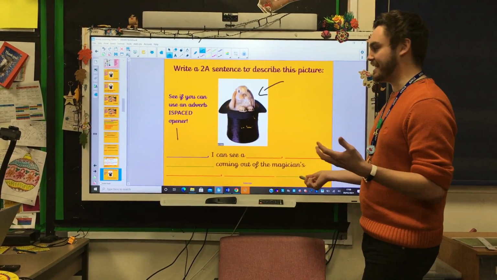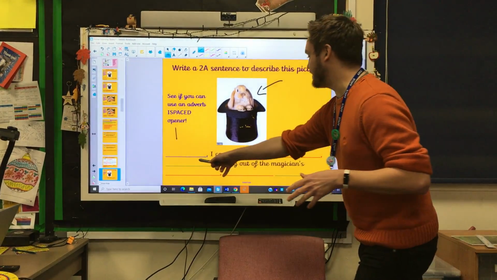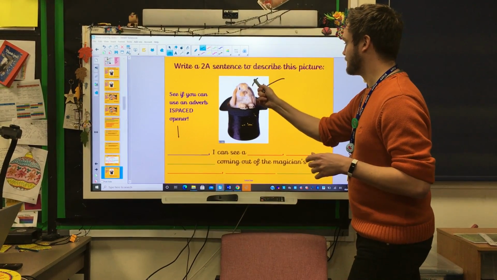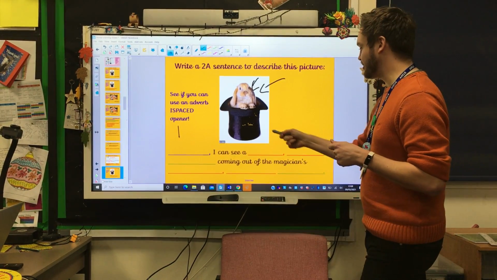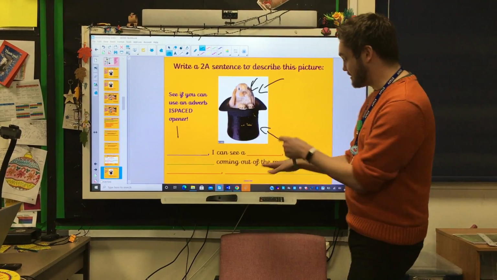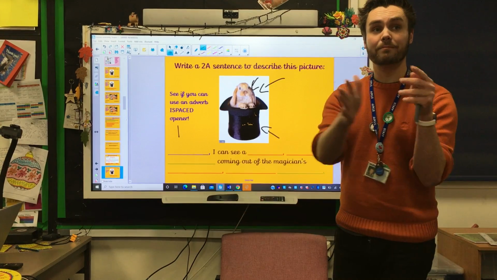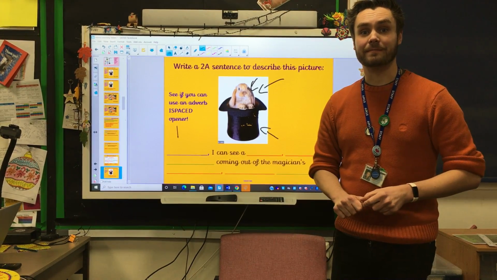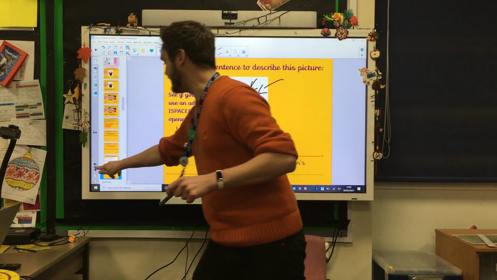And what is it coming out of? So you need to think of the two things you're seeing. What is that? And it's coming out of the magician's what? Those are your two nouns, and then think of two adjectives, of course the words in red, to describe it. Pause it and come back to me shortly. Right, let's see.